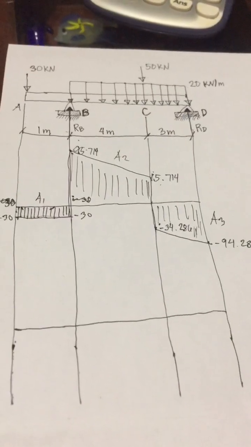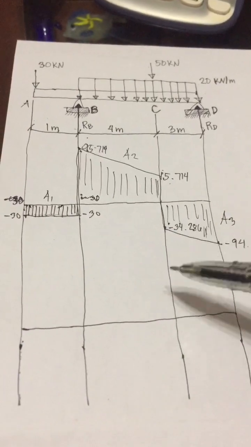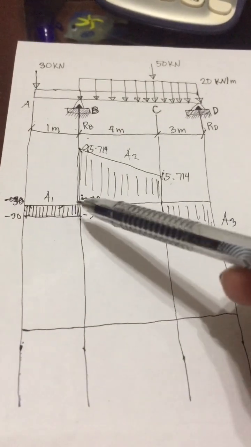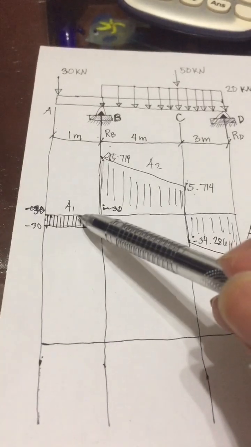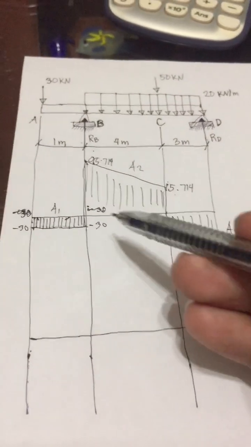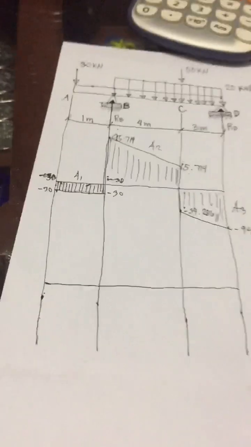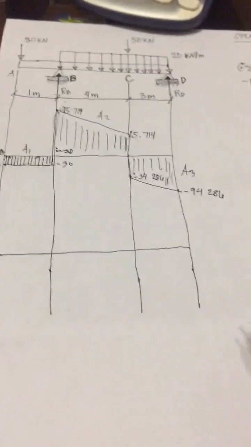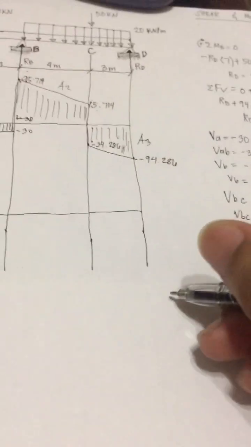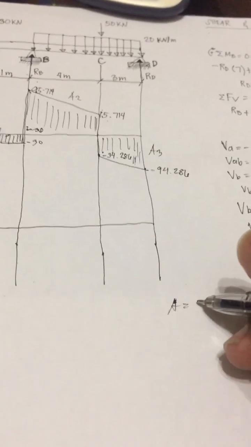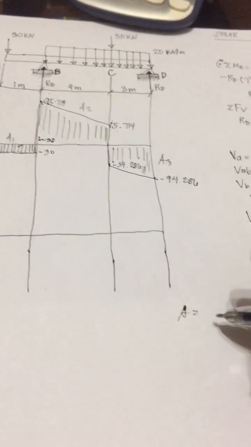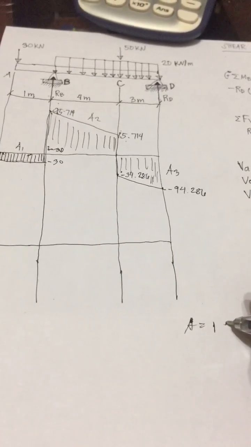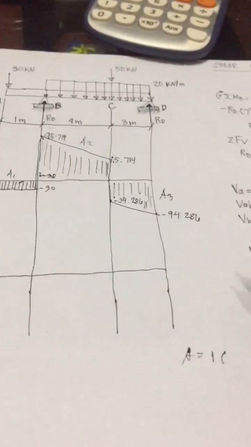So in order to get the moment of A, B, C, D, we're going to solve first our areas 1, 2, and 3. For area 1, since it is rectangular, we have a formula for area, which is base times height. So our base is 1 meter, times the height, which is 30.